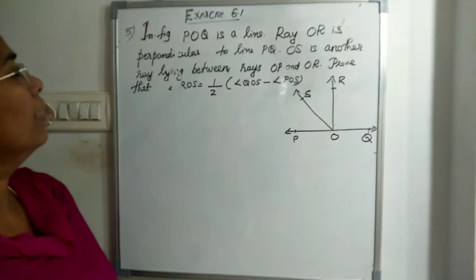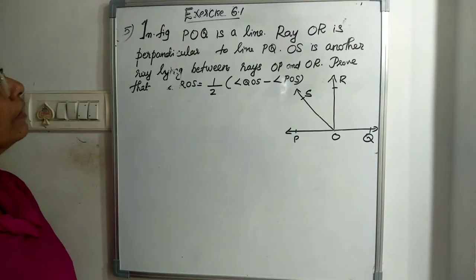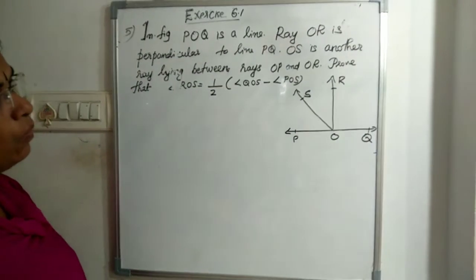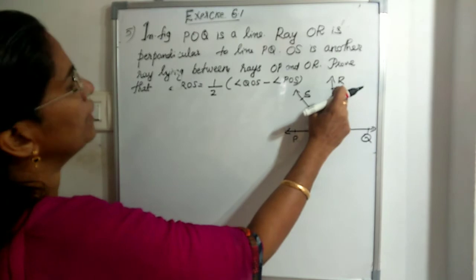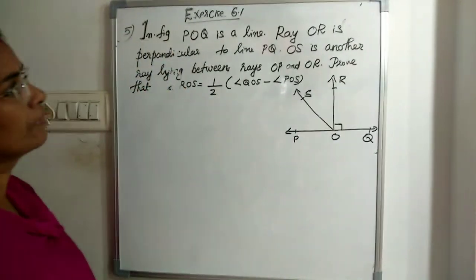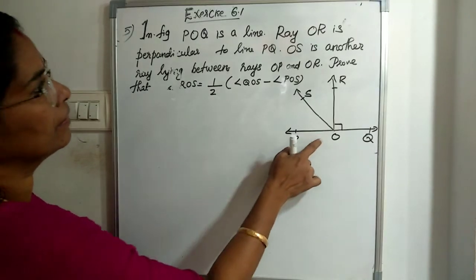Question number 5, exercise 6.1. In the figure, POQ is a line. Ray OR is perpendicular to the line PQ. Perpendicular, we can make the symbol like this. OS is another ray.